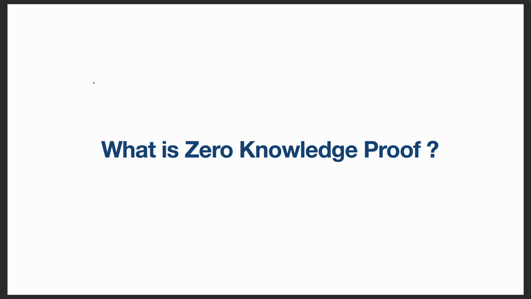Kyungsa, what is zero-knowledge proof? I think I can describe it in Korean, but not in English very well. Okay, I'll try my best. The general rule is that there are two people, and one person sends something to the other person by a designated route.